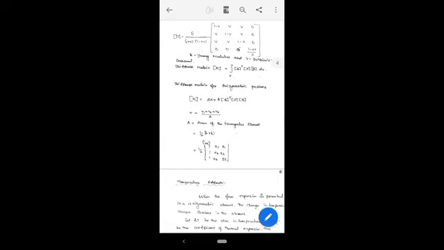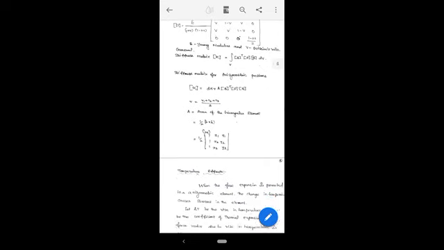We already know R bar is the average of the R coordinates. For the cross-sectional area of the triangular element, we can use half of B times H, where B is the breadth and H is the height of the triangle. Otherwise we can use the formula, we can use this matrix.